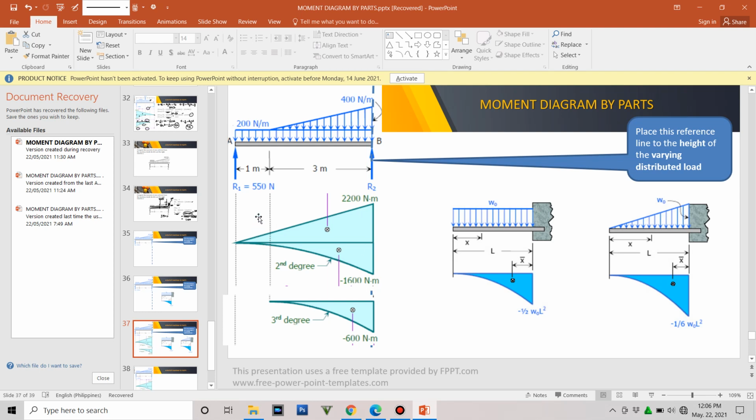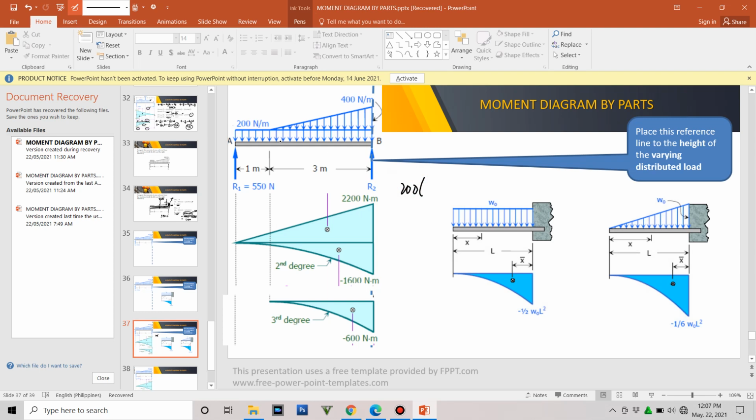So, in that case, 550, PL lang yan, PL. 550 times 3. That is equal to 2,200. 550 times 4. 2,200. And then, for this distributed load, WL squared all over 2 yan, di ba? Ito, WL squared all over 2. Ang W natin is 200.